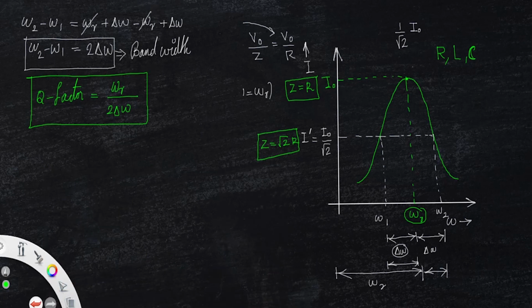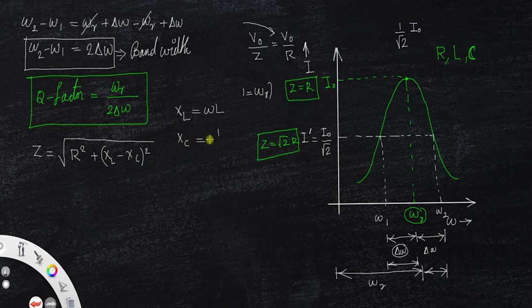let's take the expression for the impedance. We know that in an LCR circuit, Z is equal to the square root of R square plus (XL minus XC) whole square. Again, you can write XL is equal to omega L, where omega is the angular frequency and L is the inductance.